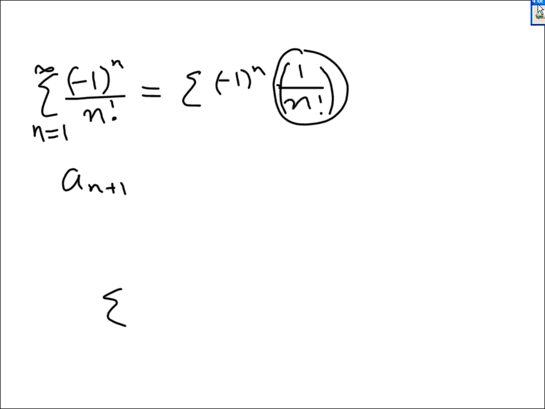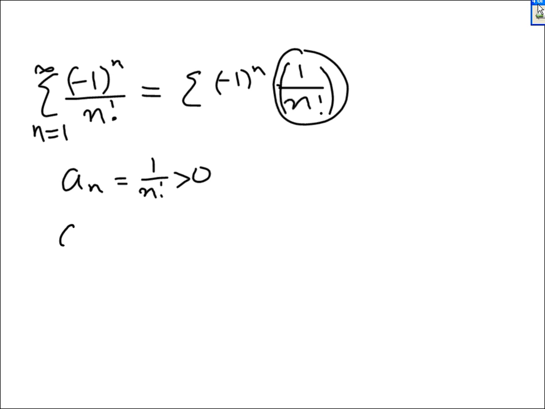If you have the summation of negative 1 to some power that makes it alternate times a sub n, and a sub n is positive, then it converges under the following conditions. Really, in the last problem, I should have pointed out that the a sub n's are positive. A sub n, which equals 1 over n factorial, is positive.